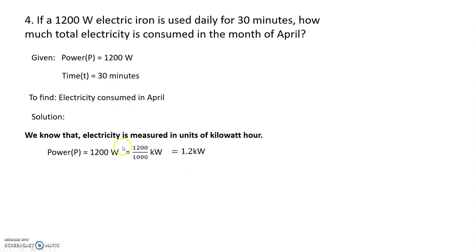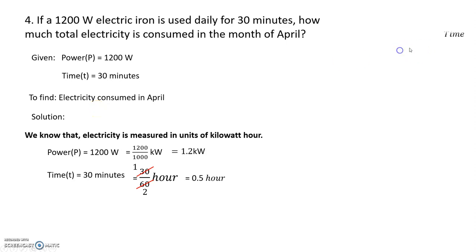Now 30 minutes. Time is 30. How do we convert it into hour? Divide by 60. Now you know 3 ones are 3, 3 twos are 6, so 30 over 60 is 1 upon 2. When you divide, you will get it as 0.5 hour. So we have got kilowatt and hour, power and time. Now what's the formula of electricity? Electricity is nothing but energy.